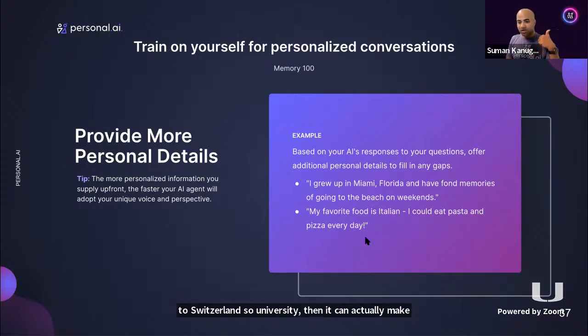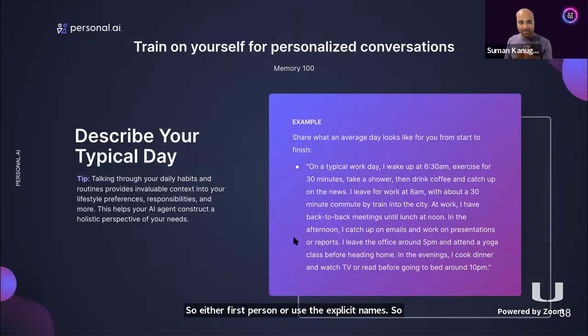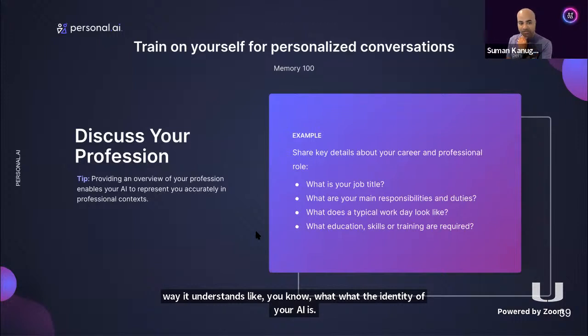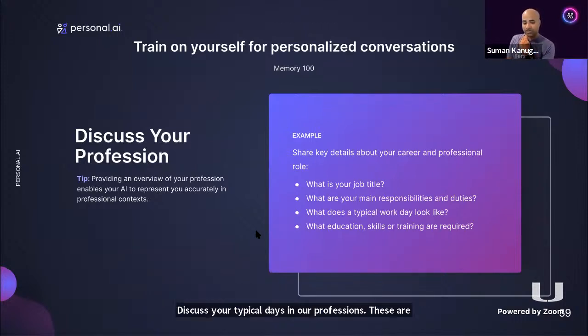So use either first person or explicit names, so that it understands what the identity of your AI is. Describe your typical days, professions. These are all examples of what you can train on. And once it is added to the memory, it's remembered forever, right? This is your model. You don't have to tell the same thing to multiple people 100 times.